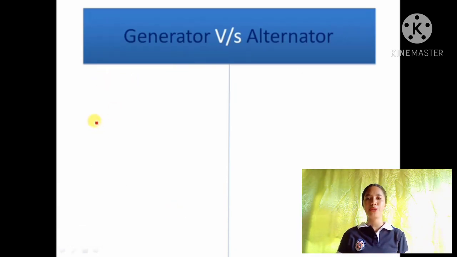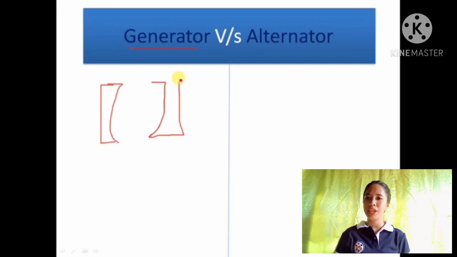So, generator and alternator, the next thing that is really important, apart from which machine generates AC and which generates DC, is to look at the construction. By general construction, a generator has something like this kind of figure. There are two magnetic poles, which can be electromagnets or permanent magnets.